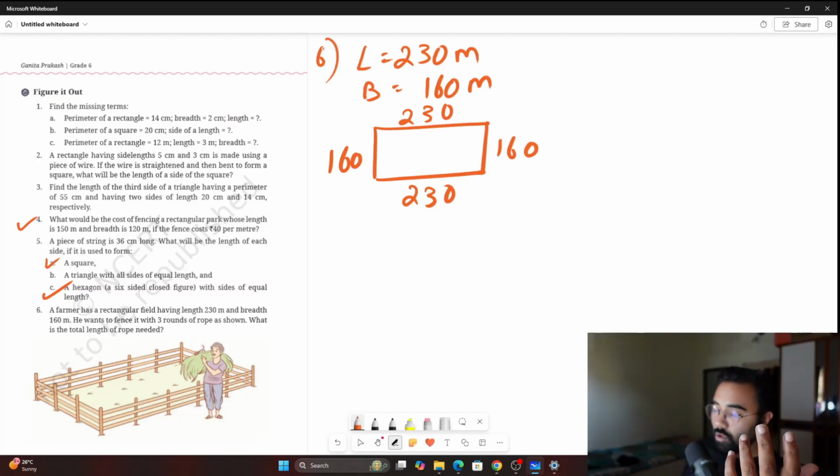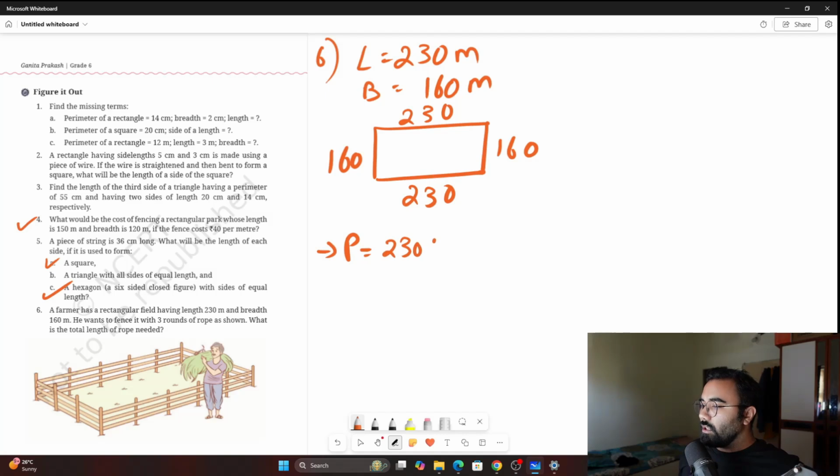So first of all, he needs to fence it with 3 rounds of rope. Okay, so if you need to fence something, what is the total quantity or the total length required? It's basically perimeter. How do you find the perimeter? You add all the sides. That is 230 plus 160 plus 230 plus 160.